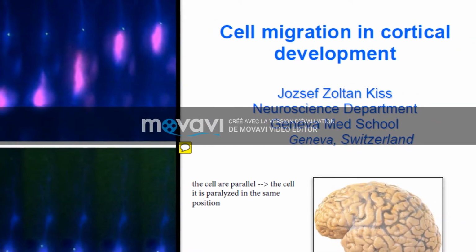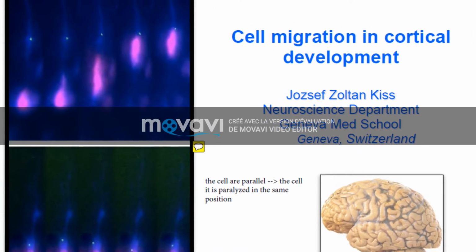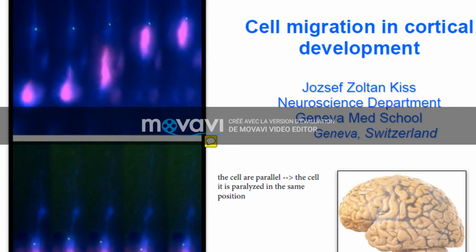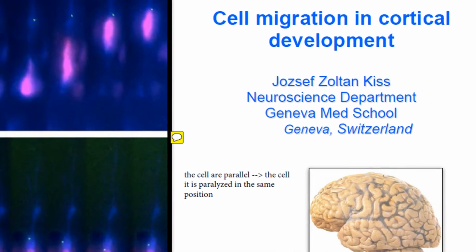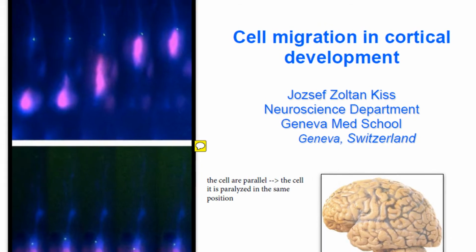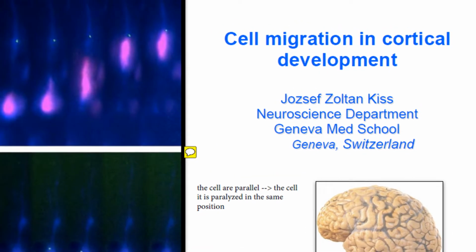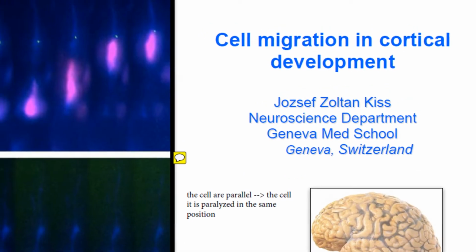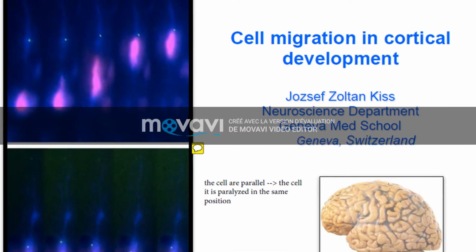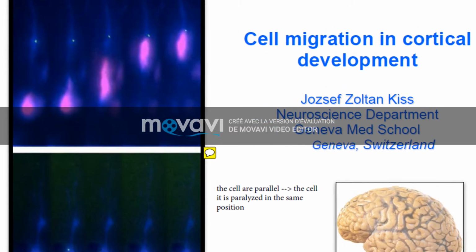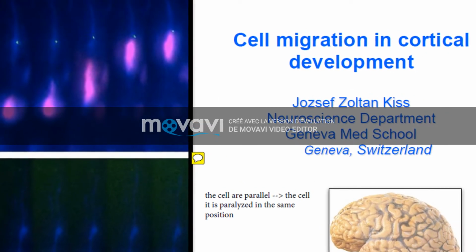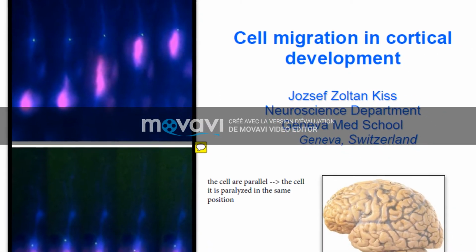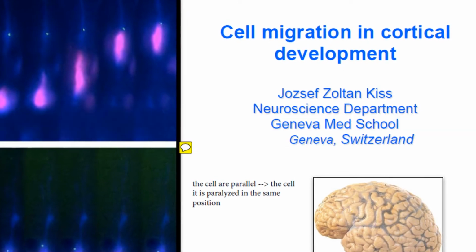Whatever Sperry did, turned 90 degrees, the temporal cells always projected to the anterior part and the nasal projected much longer. So based on this observation, Sperry proposed that there is a chemical affinity. Somehow this says something.